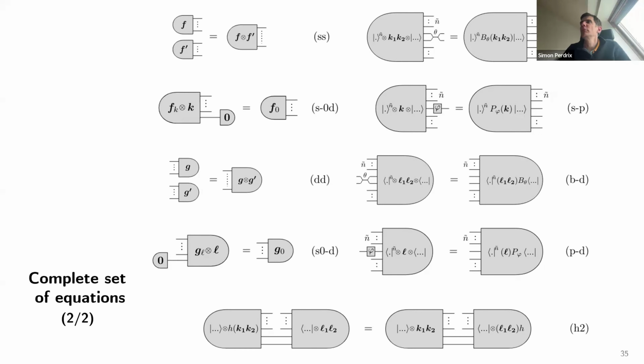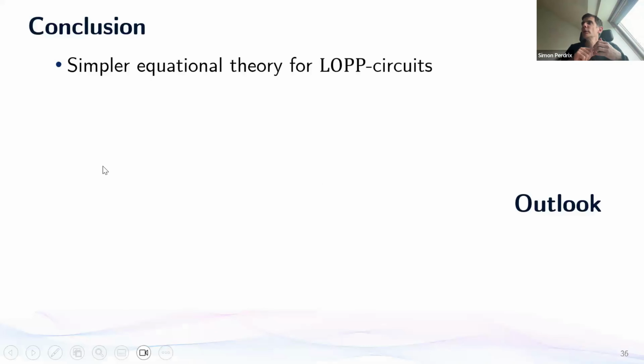And maybe just a technical question: if your initial diagram does not have this identity on the bottom, you can add it with the zero rule, right? Exactly.